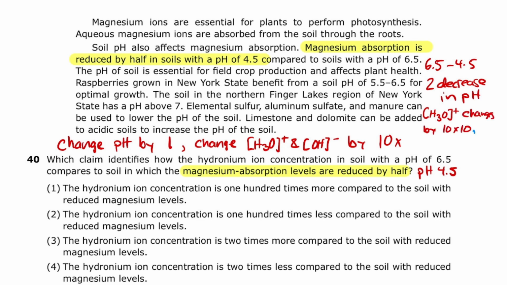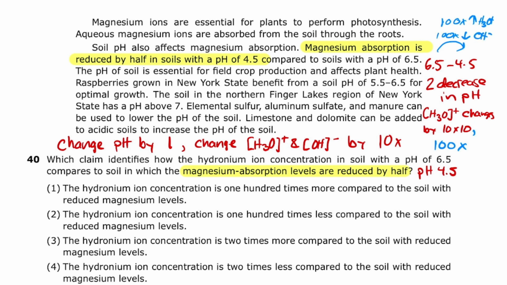Thus, it's changing by 100 times. Okay, now we have to think, is this 100 times concentration either increasing or decreasing? In the case of this soil, if we're going from pH 6.5 to 4.5, we have a 100 times increase in H3O+. We have a 100 times decrease in OH-.